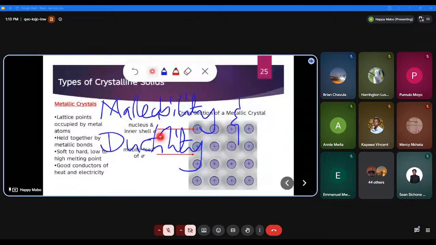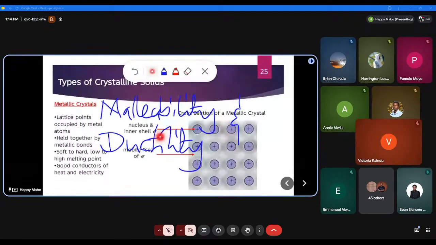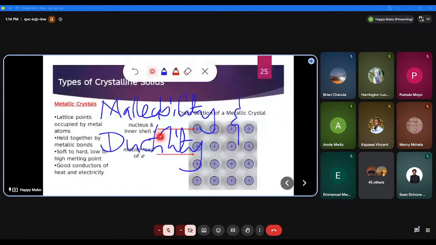This is because the layers of cations that you have in the structure are able to slide on top of one another, and the sea of electrons will quickly reform the bonds instantly so that the structure does not disintegrate. As you are spreading the layers, the electrons are able to reestablish the forces of attraction, and thereby the structure itself remains intact.